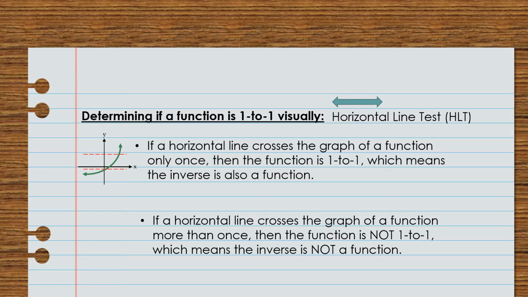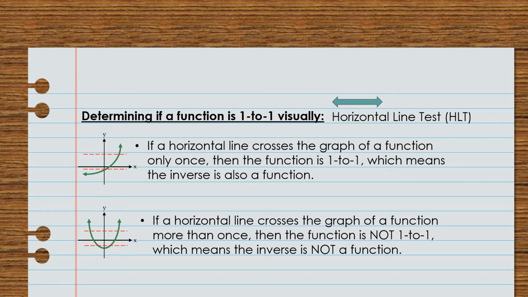Now, if a horizontal line crosses the graph of a function more than once, then the function is not 1-to-1, which means the inverse is not a function. So to see what this may look like, we have a graph. We know the given graph is a function because it passes the vertical line test, but it does not pass the horizontal line test.